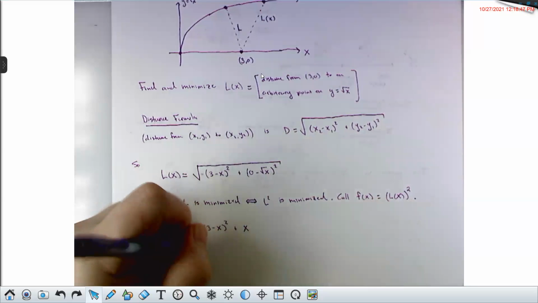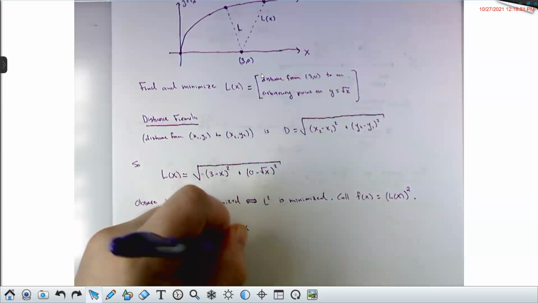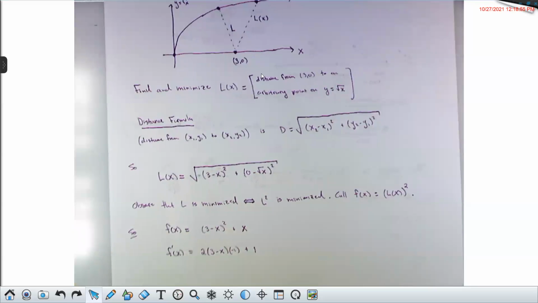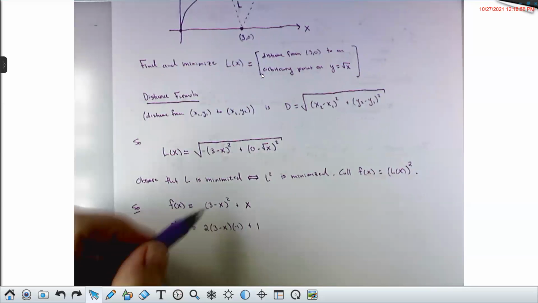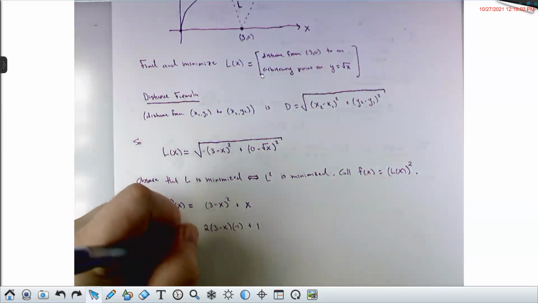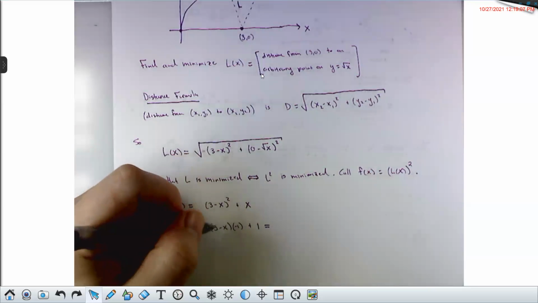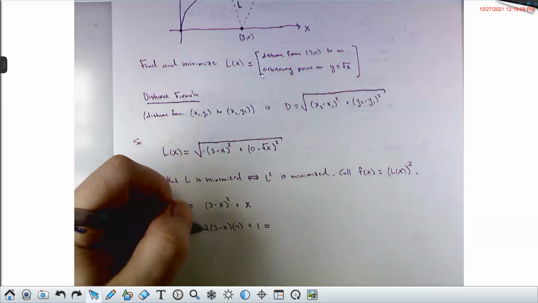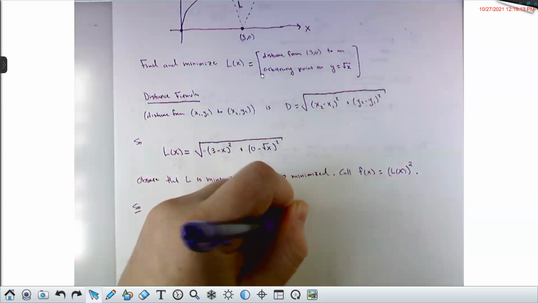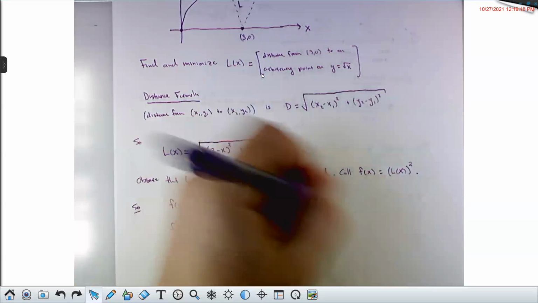Differentiate here with the chain rule, I suppose. So this would be 2 times 3 minus x times negative 1 plus 1. This piece here differentiates with the chain rule. Derivative of x is just 1. And that is what? 2 times 3 minus x times negative 1 is negative 6 plus 2x, plus 1, which is 2x minus 5.